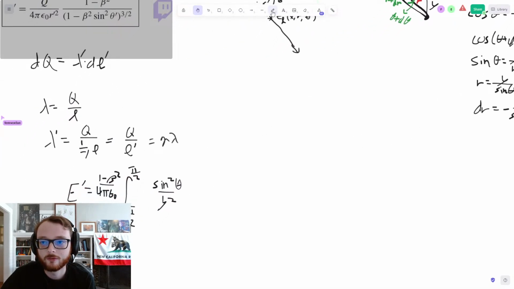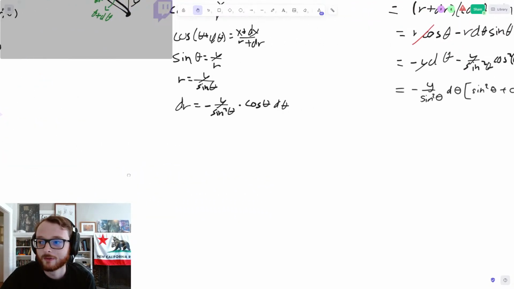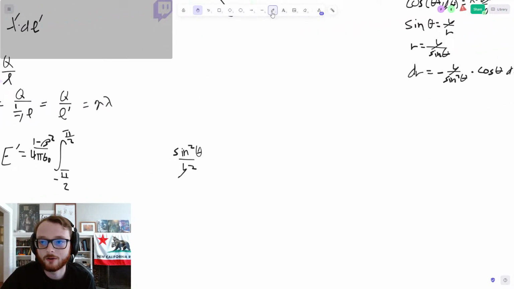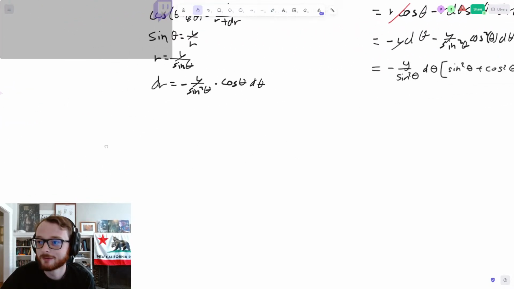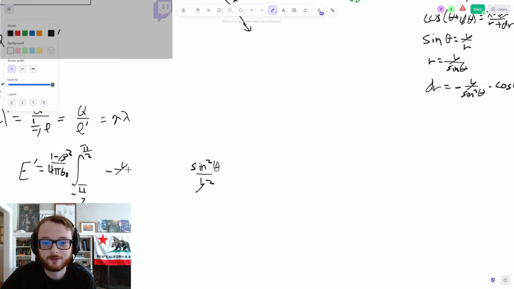I guess I should maybe put the q in front, because that just makes more sense to me. So it's minus y over sine squared. Oh, really? Okay. I'll label these in a second.